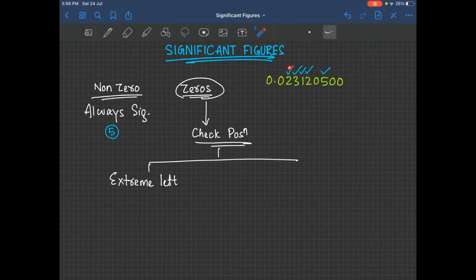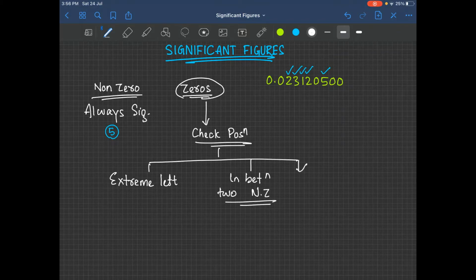Here our first non-zero digit is 2, and behind it there are 2 zeros, so these 2 zeros are our extreme left zeros. Similarly, next, we may have zeros in the middle, in between two non-zeros, and at the end, extreme right. So 3 positions are possible.